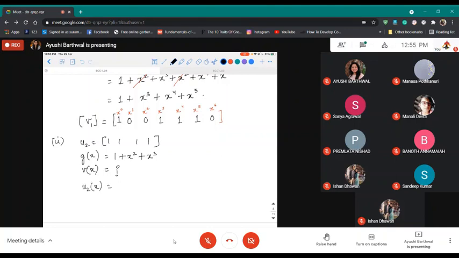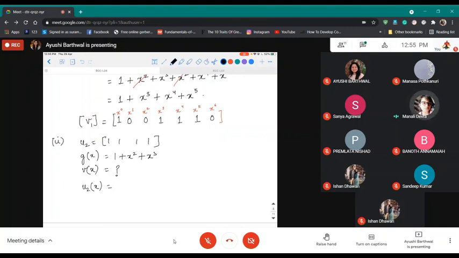Has anybody else solved it? Let me ask people. So Manali, what will be the value of u2x? How are you going to write it as a polynomial?